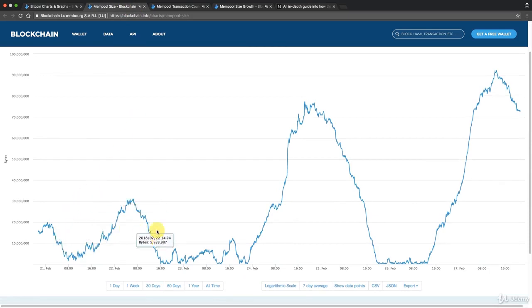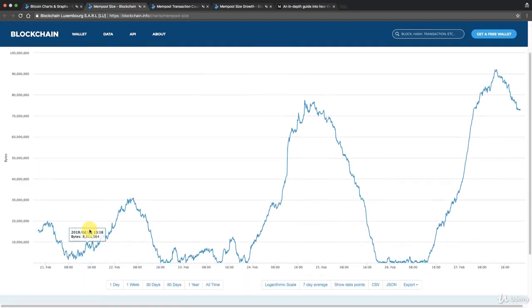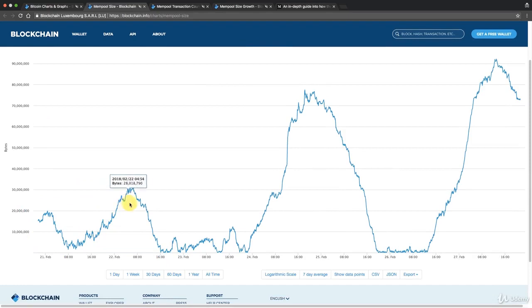All right, so mempool size. There you go. This is in bytes, and you can see how the size varies throughout the day. So there's one day, 23, 24, 25, 26. I guess it depends on the day and so on. It goes down once the transactions are out of there, then starts building up as more transactions go in.